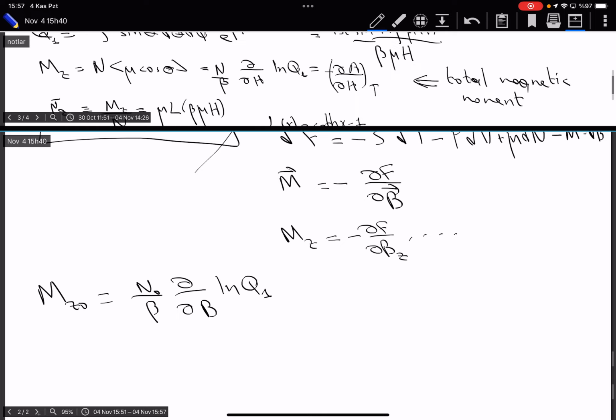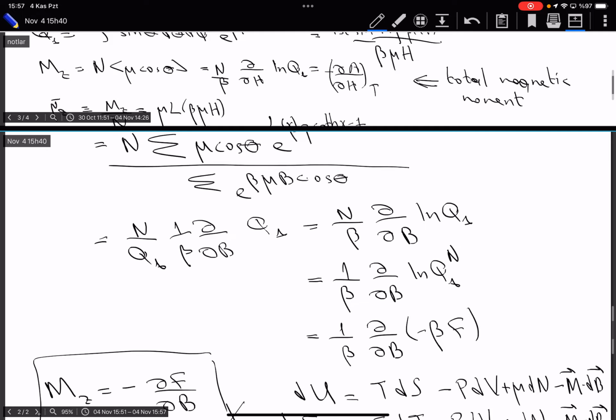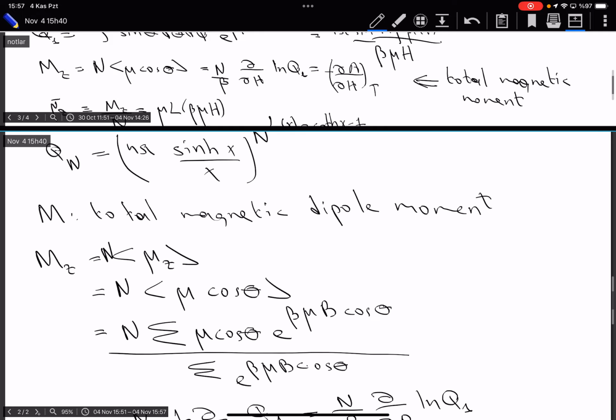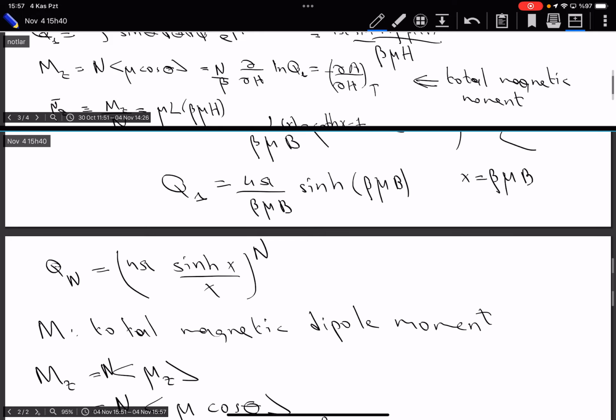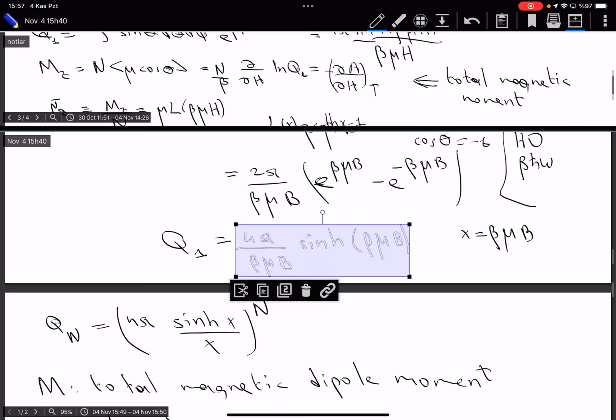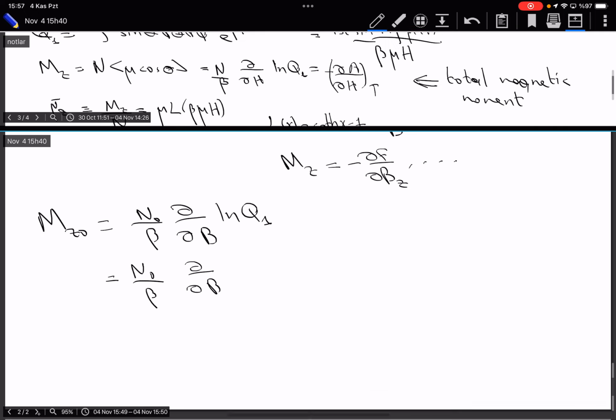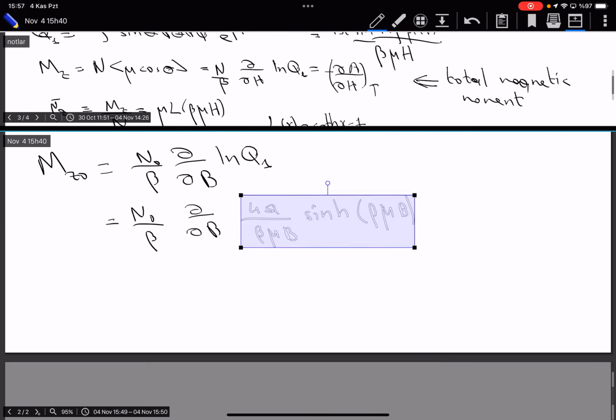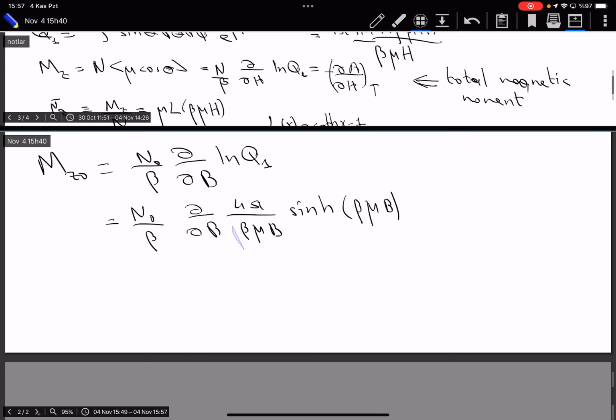N0 is the number of dipoles per unit volume. Q1 we had already calculated. And this, let me just replace this with X.